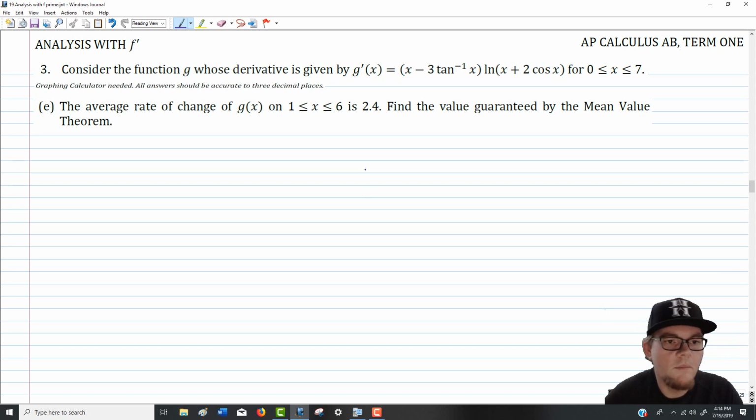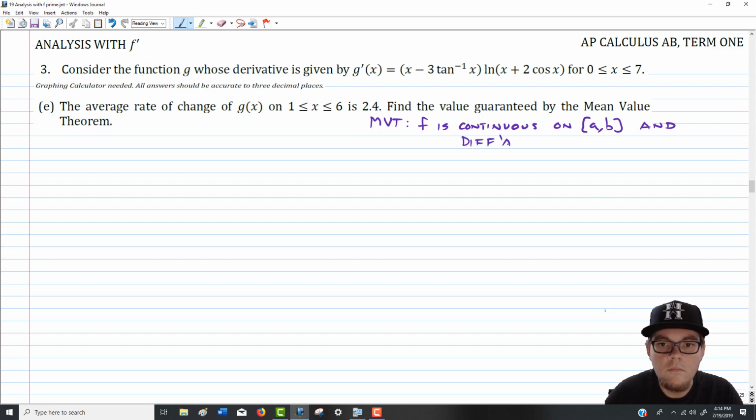So if you'll recall, the mean value theorem from a few days ago says if a function f is continuous on the closed interval from a to b, and that same function is differentiable on the open interval a to b, then there exists a c in that open interval.